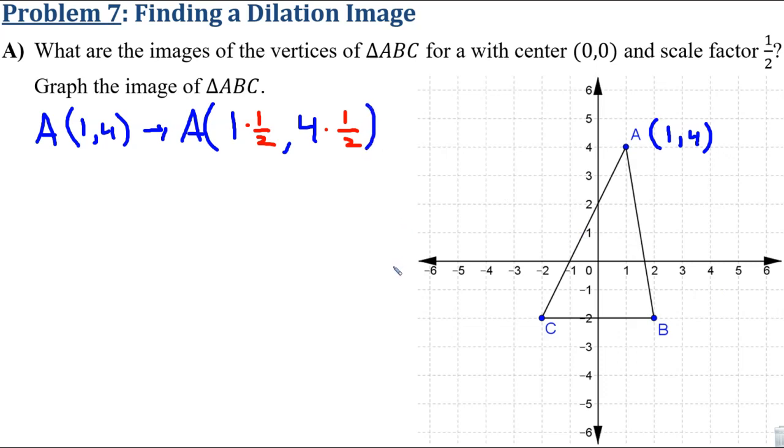Okay, so to make a dilation happen, take each of your x and y coordinates, oops, that should be an A prime there, and multiply them by the scale factor.